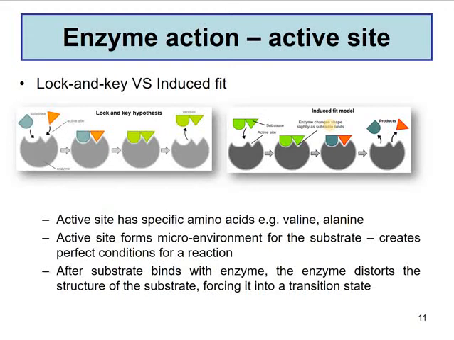When the substrate approaches, the enzyme would know which substrate obviously it has to react with, because it's inherent in terms of the reaction to take place. But what happens with the induced fit is that as the substrate gets in contact with the enzyme, the enzyme itself changes the shape to accommodate the substrate. But it can only change the shape for a certain substrate.